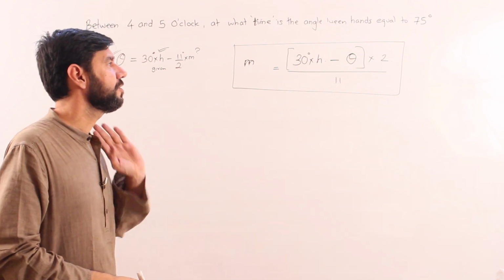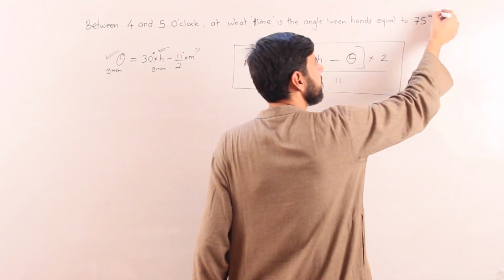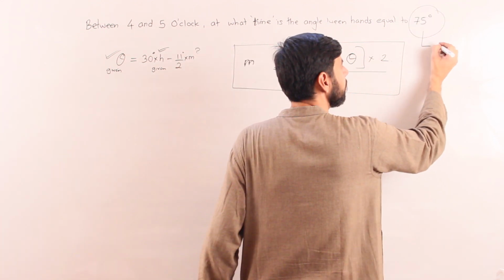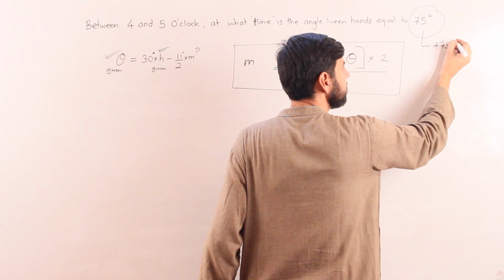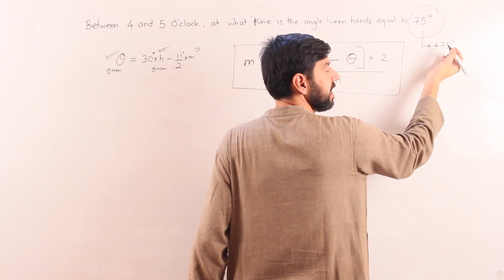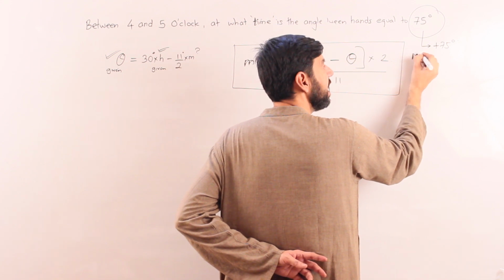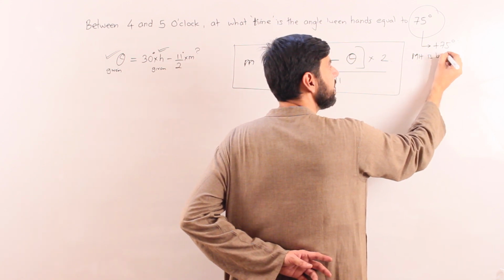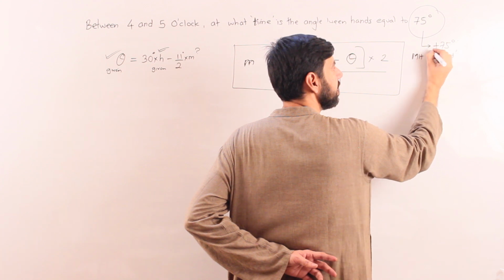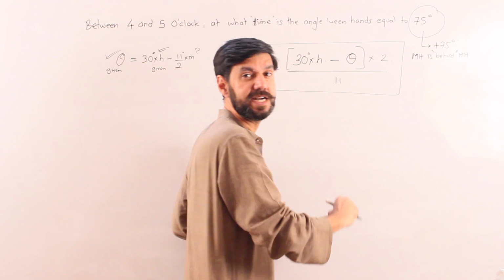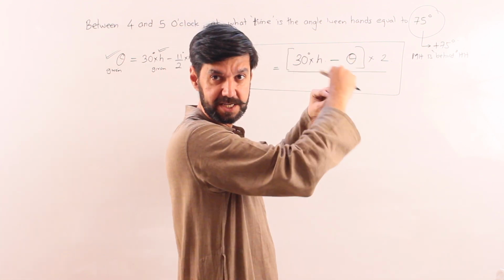The only thing different that you need to understand is that when we say the angle is 75 degrees, the angle could be plus 75 degrees, right? A plus sign indicating that the minute hand is behind the hour hand. And again, behind is in terms of the clockwise direction, how they are moving.